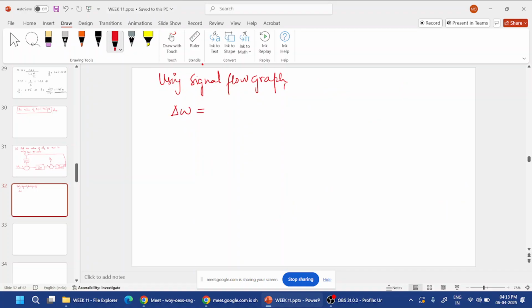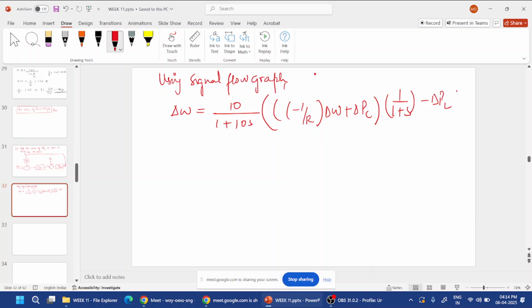Del W equals 10 over 1 plus 10s multiplied by minus 1 by R del W plus del PC times 1 by 1 plus S minus del PL.